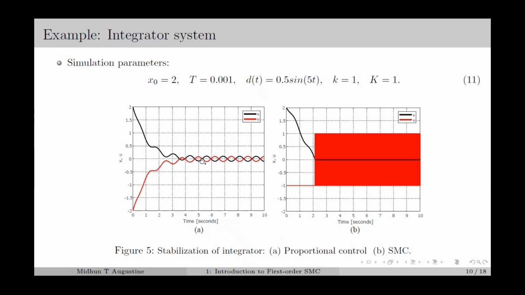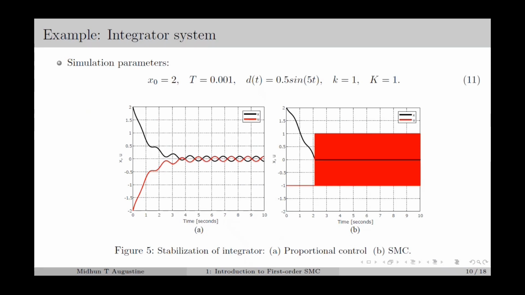We are seeing that in the case of the proportional controller with disturbance, the overall response will be a sum of an exponentially decaying term and a sinusoidal term. Here this exponential term will converge to 0 as t tends to infinity. However, the sinusoidal term will remain in the response and results in steady state oscillation. So this oscillation in steady state is basically due to the disturbance term.